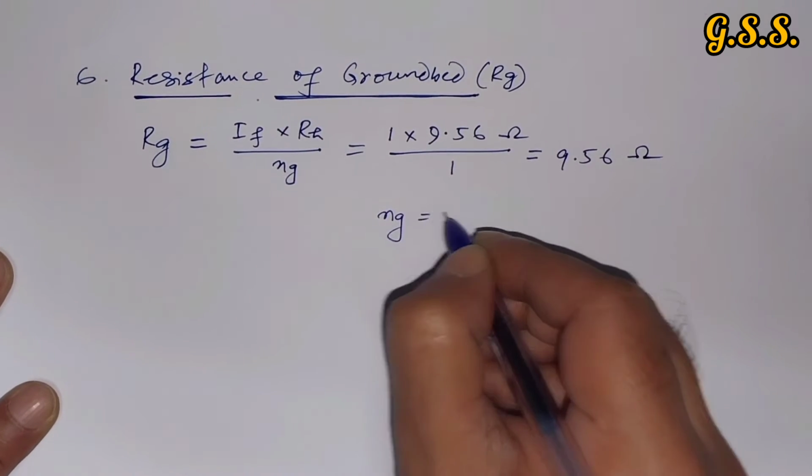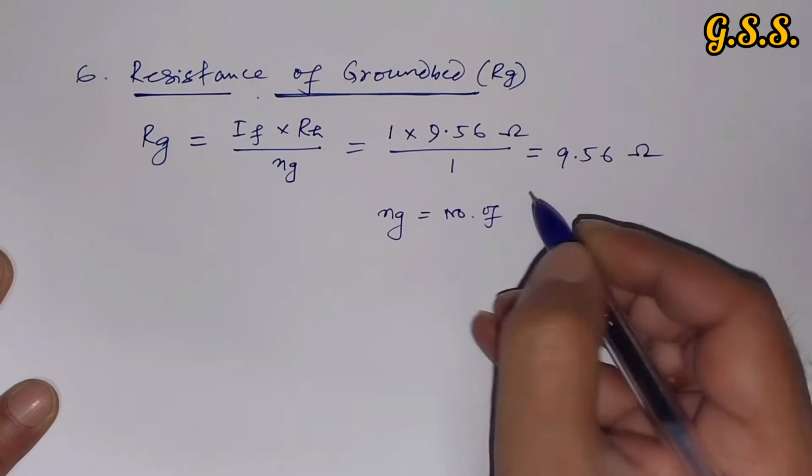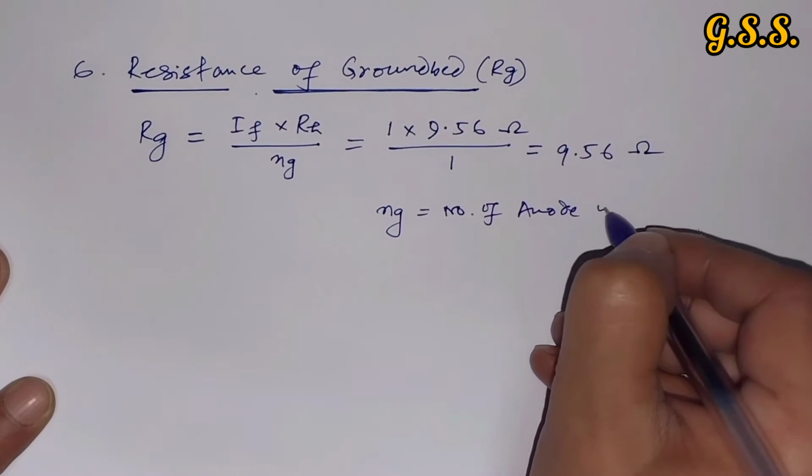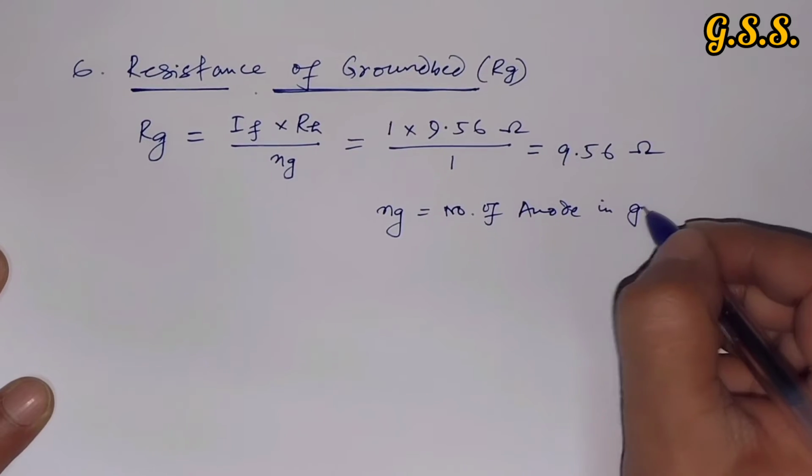Ng equals number of anodes in the ground bed.